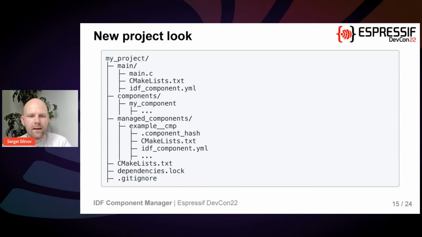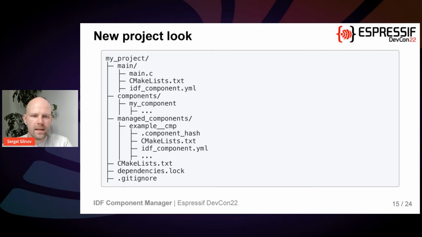Okay, we have Component Manager run successfully, so let's take a look at how the project looks now. There are a few files added to the project directory. First of all, a whole directory of managed components, where our component example CMP was downloaded. Take a note on the name. Even though we added the dependency as example/CMP, in the file system it is stored as example double underscore CMP, with double underscores.